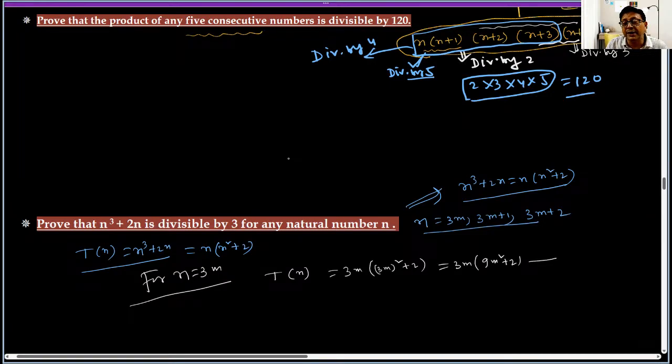M is an integer. So this thing is divisible by 3, because 3m is there, so it will be divisible by 3. For n equal to 3m plus 1, Tn will be what?